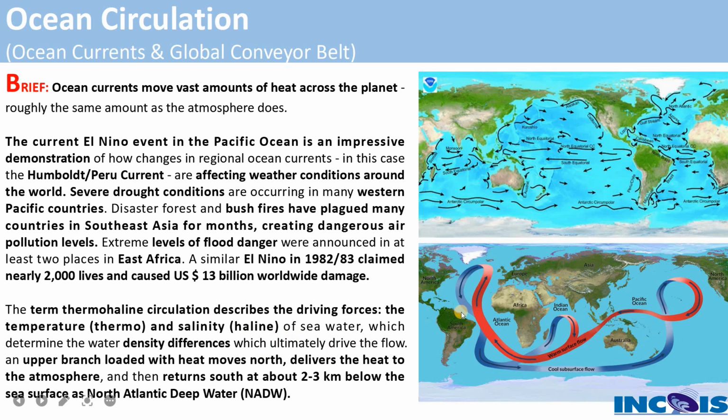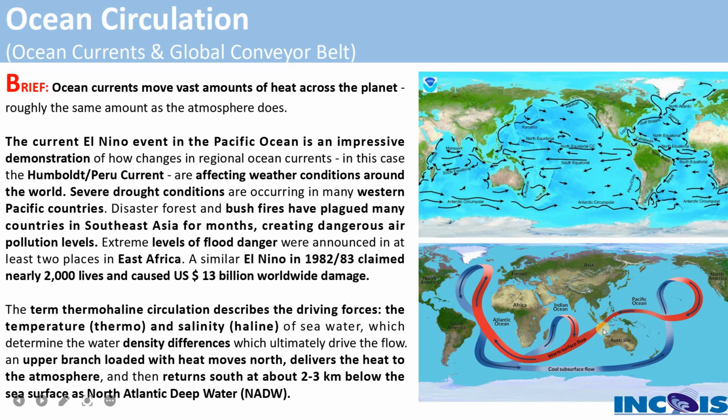If you see the upper part, it moves over the sea surface, and also at the bottom of the ocean, right? The upper part carries the warm surface water. It moves that warm water from the equator to the poles, right?